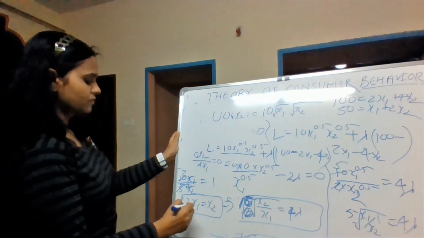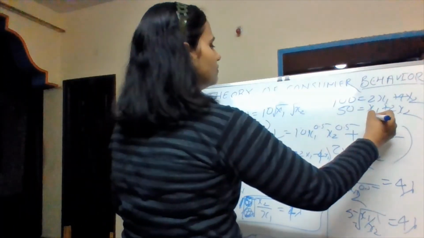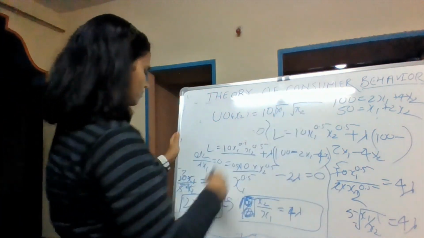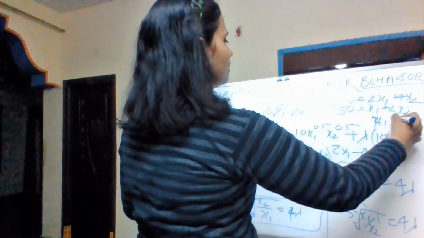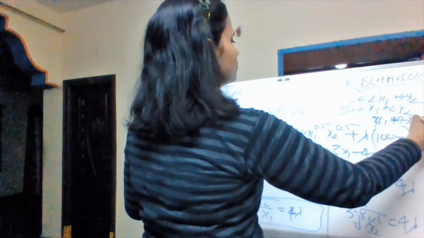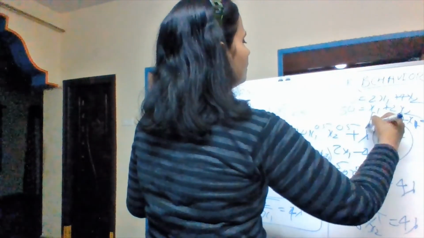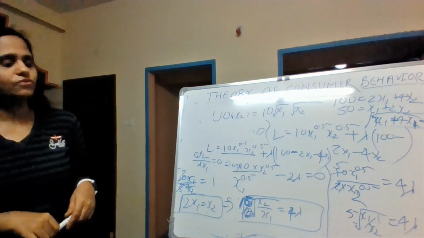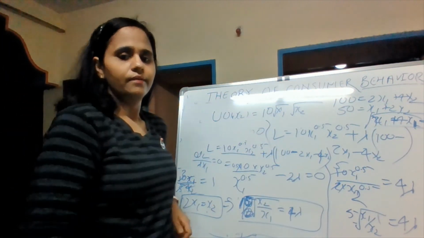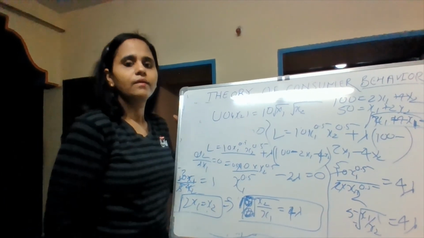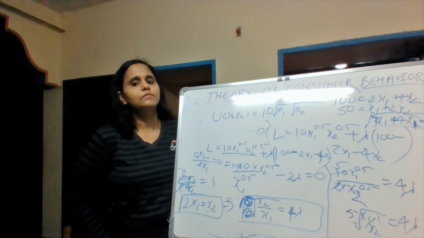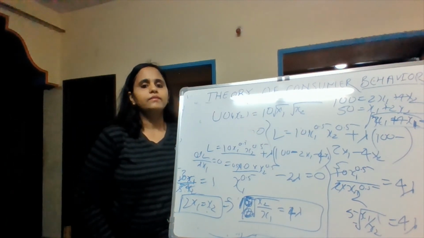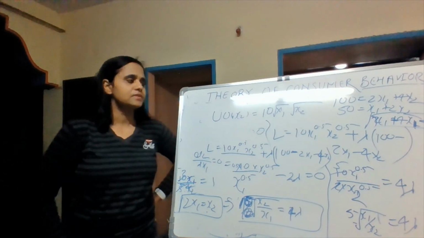Now put x2 equal to 2x1, and you can derive x1 using that function. This is a utility maximization problem using your Lagrange function. Next we are going to see the income and substitution effect.